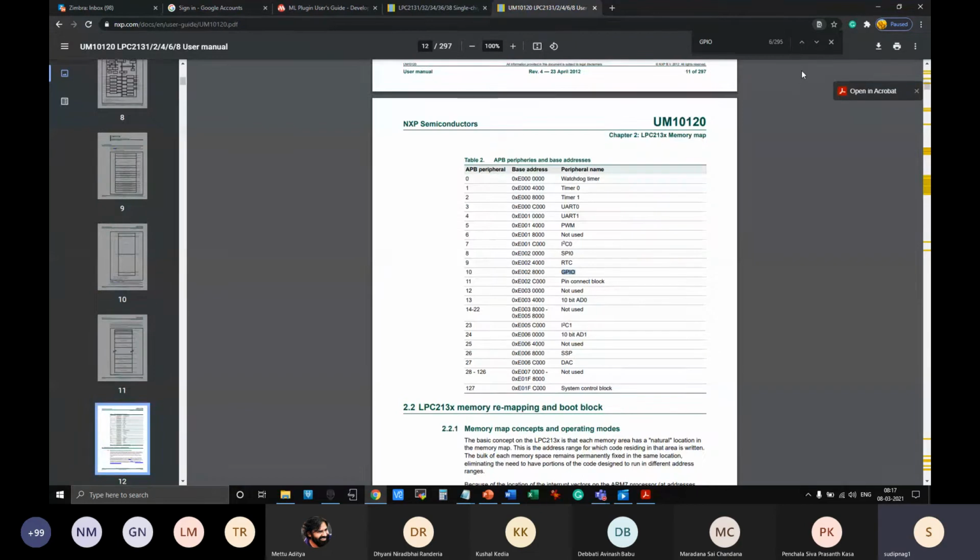So we will straightaway go to the general purpose input output part of this user manual. What I'm trying to say is that every function or every block has a way to configure.